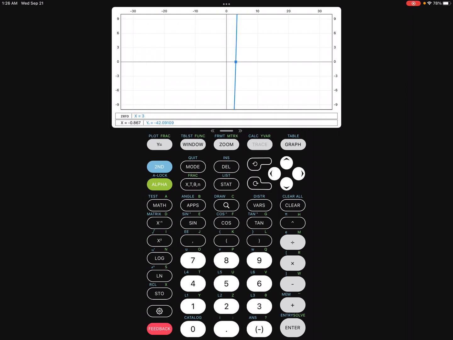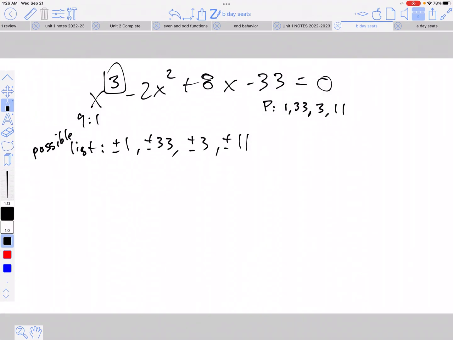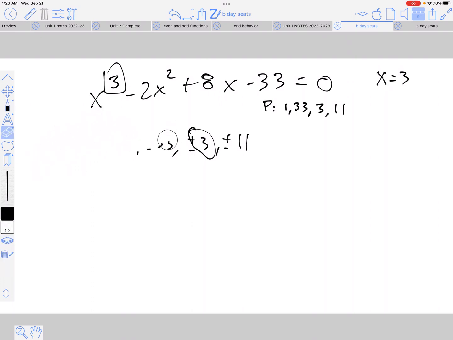Now I'm going to test it. I think it's 3, and if you look at the bottom of the screen, the output was 0, so I know that 3 is the only actual root. The other 2 must be imaginary, because I'm not seeing them. So they're not real, they are imaginary.